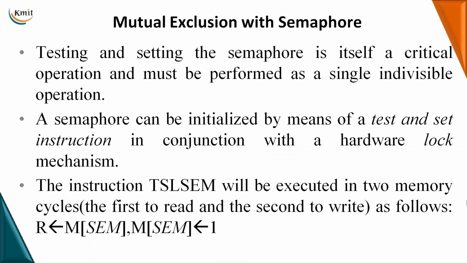A semaphore variable is initialized by means of a test and set instruction in conjunction with a lock mechanism. You can implement test and set in two memory cycles. In the first memory cycle, you access the semaphore variable present at a memory location, and in the second memory cycle, you set the value of the semaphore variable.